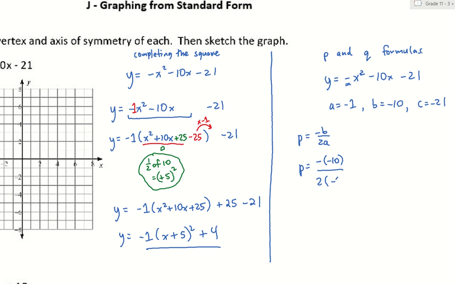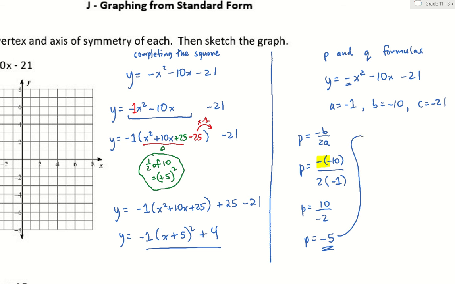And when we plug in negative 1 for A, we get that. So as long as we're careful with our signs here, negative times negative 10 is positive 10 over negative 2. So P is equal to negative 5. And we, of course, can see that that completely coincides with the vertex form that we previously did. Okay, so they're both agreeing that the x-coordinate of the vertex is negative 5.